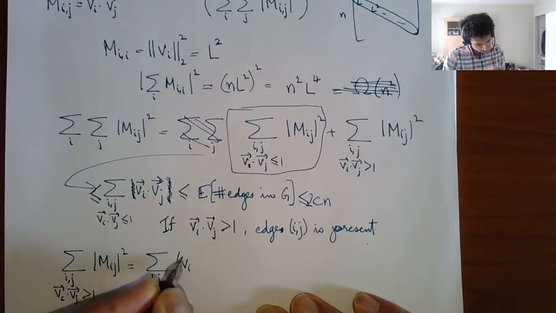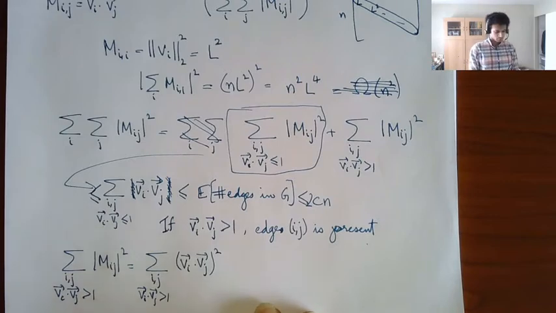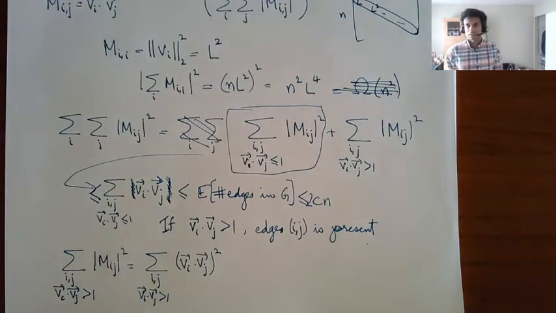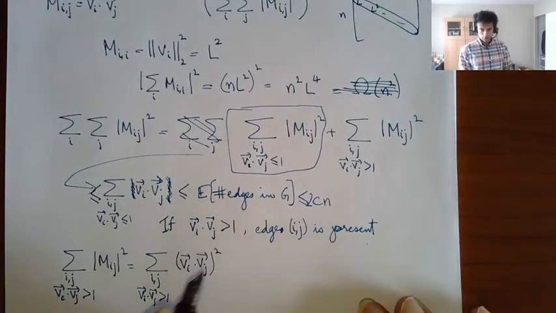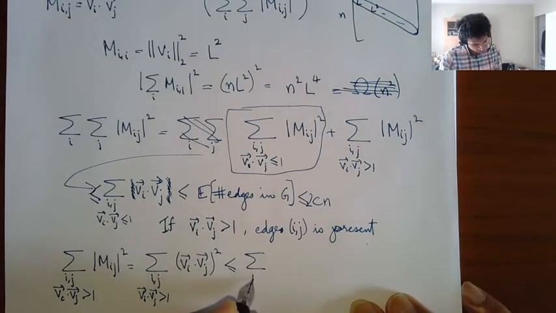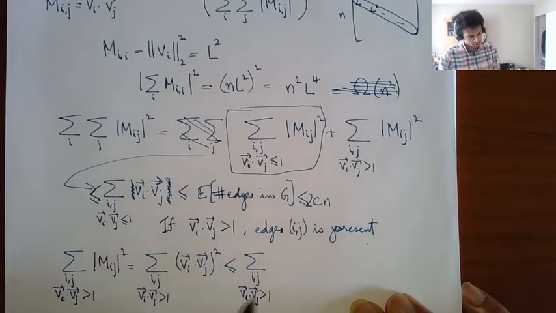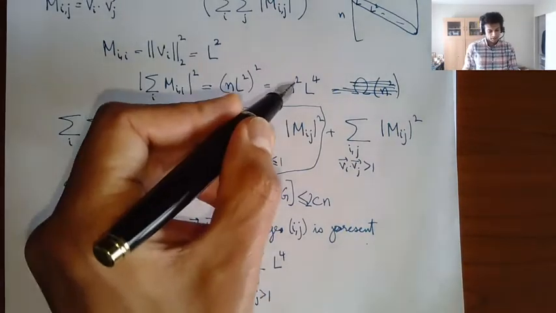That was just vi dot vj squared. Now again, let me use Cauchy-Schwarz over here. By Cauchy-Schwarz, this is the summation over ij with vi dot vj greater than 1. This thing is at most L squared, so I get L to the fourth.